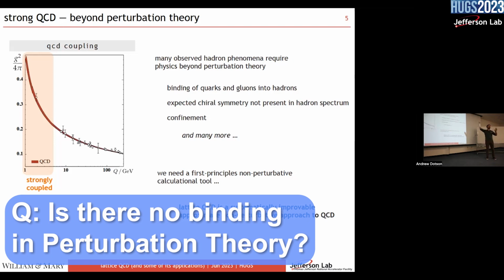Now expand that, and that has to be a function of the interaction strength G. If you expand in a power series in G to any finite order, you can never get something of the form 1 over p squared minus m squared, right? You'll just always get a polynomial. That's a non-polynomial behavior. So you can never have binding in any perturbative theory. You have to resum to get that to happen.